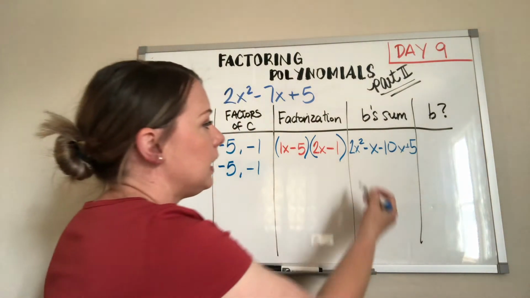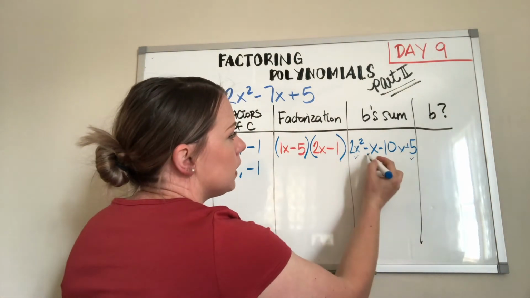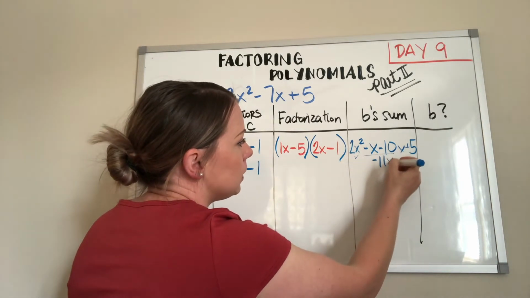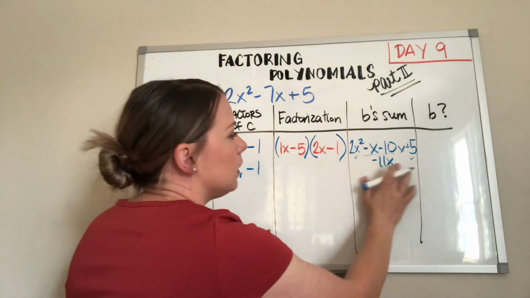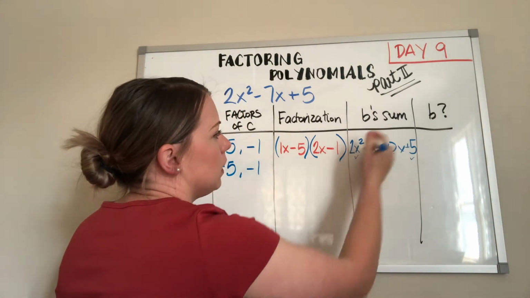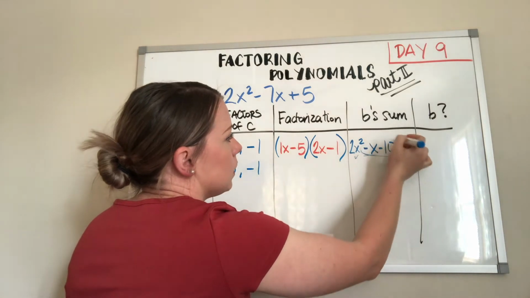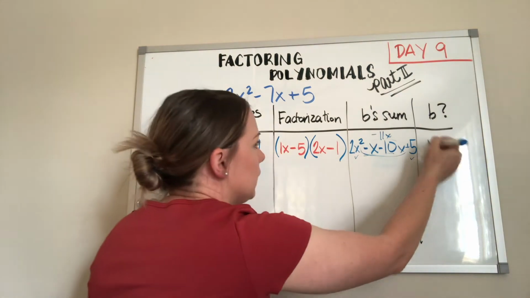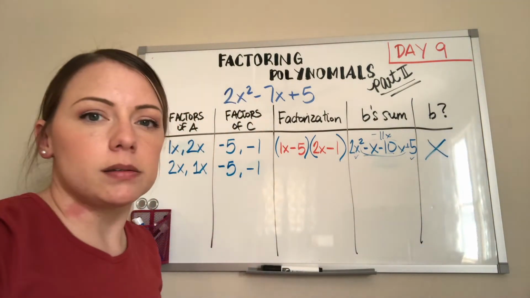All right, I am good on this. Now, if I added these together or subtracted them, I would actually get -11. Let me move that up top because that's going to get in the way in just a minute. So these guys would produce a -11x, which is not my B, so this is not correct.